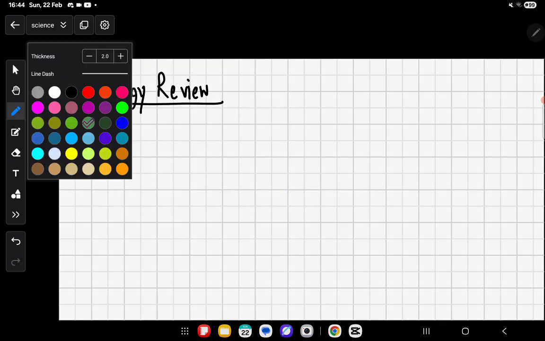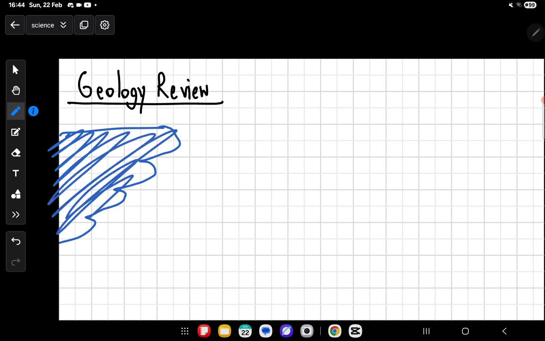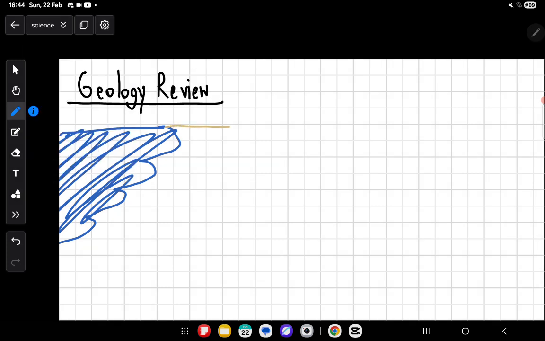Now, here's a sand dune at the beach. So imagine we have water here. Now, let's draw the sand dunes. So, really quickly, I drew these.